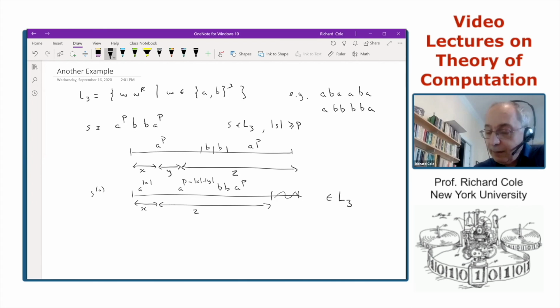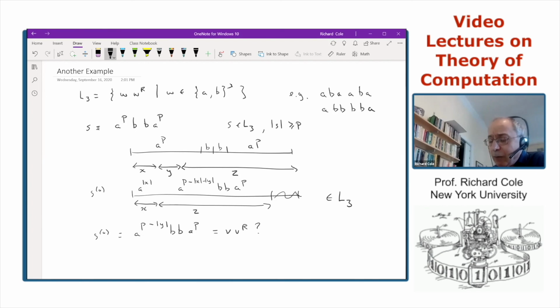Question is, is it actually in L3? So this string, let me rewrite it. S0 is A, how many A's do we have at the beginning? We have P minus Y A's, then we have 2 B's, and then we have P A's. And my question is, is it in L3? So is it equal to V followed by V reversed for some V?